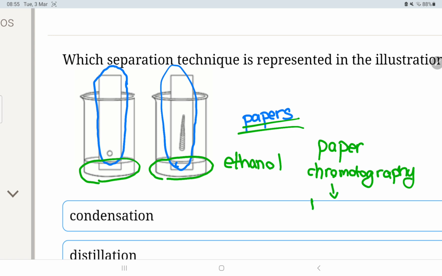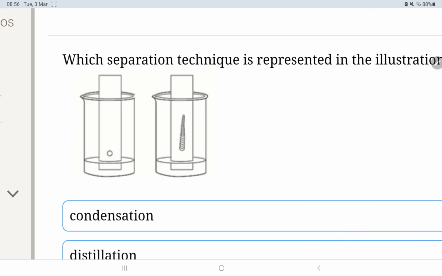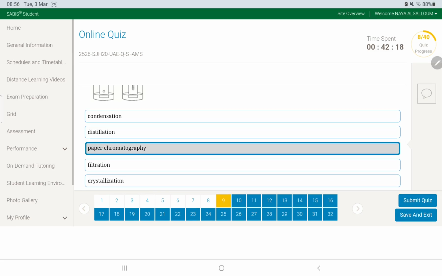You separate things based on the structures of their molecules. Okay? But here you have the paper, and here you also have a paper. So, what are you going to be using, obviously? Paper chromatography. Okay?